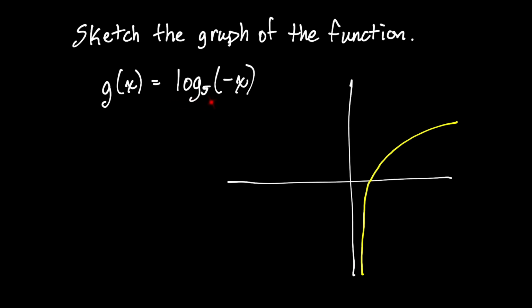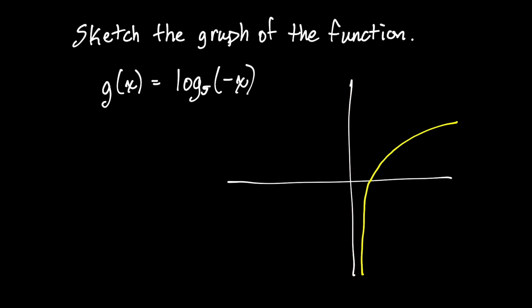Right, so here I sketched a graph of the parent function log base 5 of x. It would go like this. The only thing we notice here is there's a minus sign right there. So when we had the minus sign out here, it was reflected across the x-axis. Just like with the quadratic functions, when the minus sign is inside the parentheses, not on the y but on the x, it gets flipped across the y-axis.